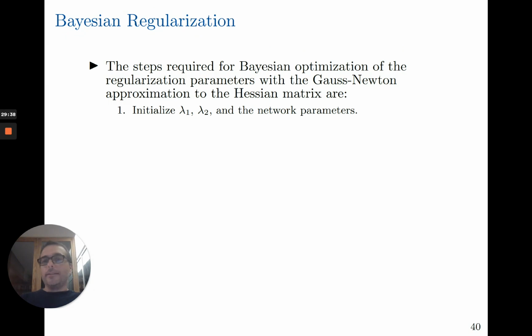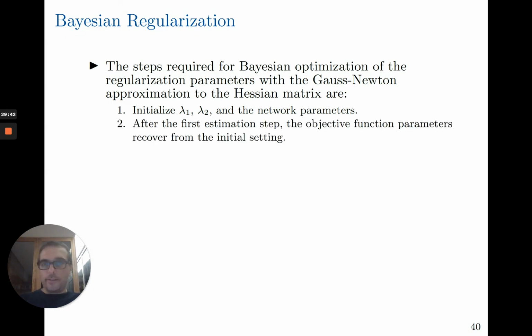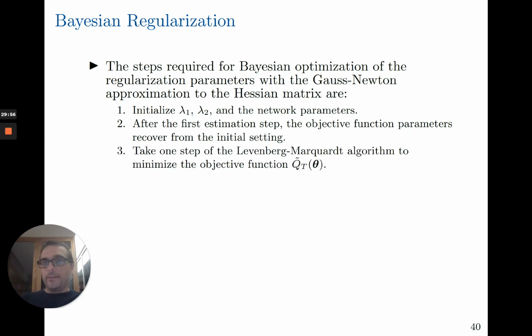Basically, we initialize lambda 1 and lambda 2 and the network parameters with a random choice. At each estimation step, the parameters are recovered from the initial setting, and then we take one step minimizing the objective function Q tilde.